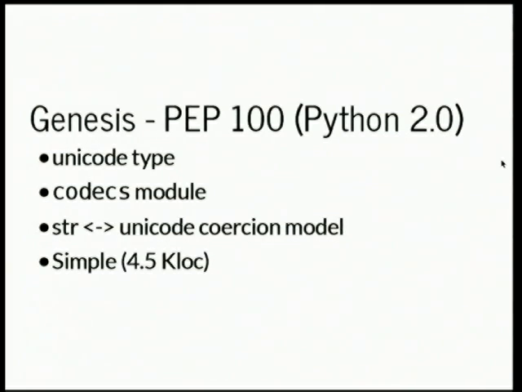PEP 100 set out the most important details of Unicode in Python 2 that we know and love today, specifically the Unicode type, the codecs module and encodings, and the infamous str to Unicode coercion model. And also, as we're going to see, this is a relatively simple implementation. unicodeobject.c was only about 5K lines. It's going to get much bigger soon.